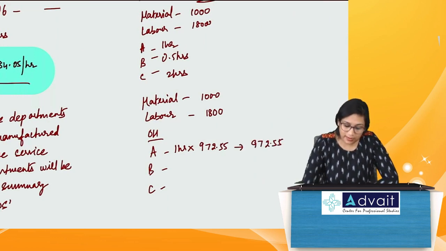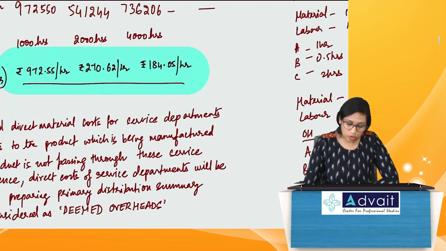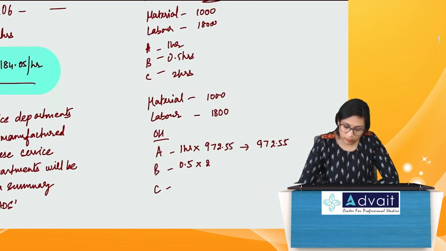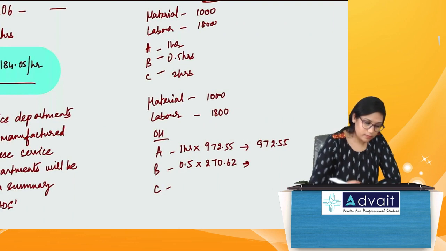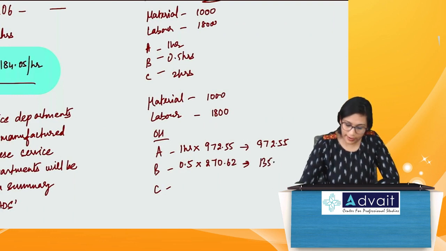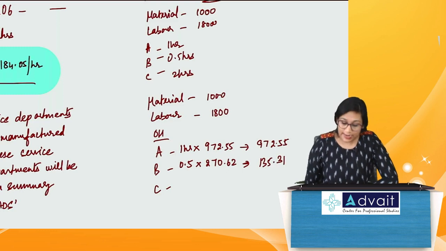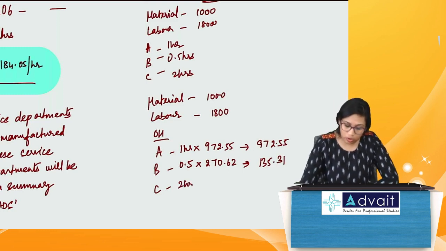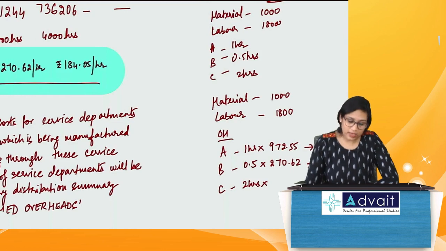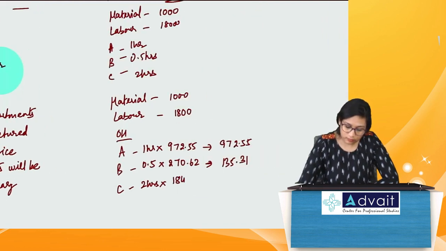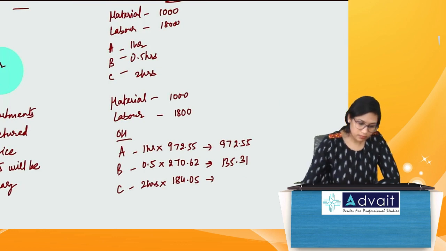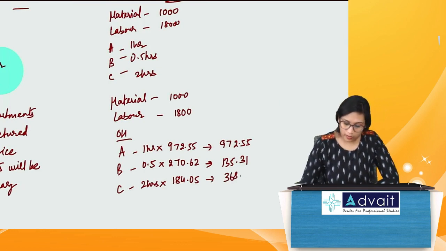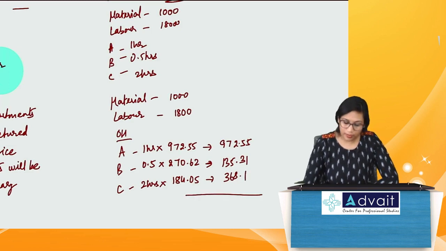In department B, it is spending only 0.5 hours into what is the rate in department B? 270.62. So how much do you get? 135.31. Correct? In department C, how many hours is it spending? 2 hours. And what is the rate? 184.05. So how much do you get? 368.1.